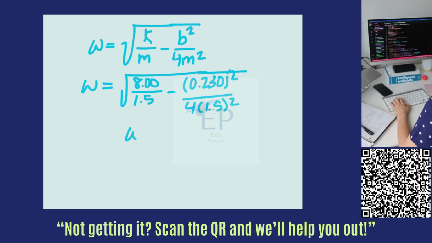And we get that our angular frequency equals 2.31 rads per second.